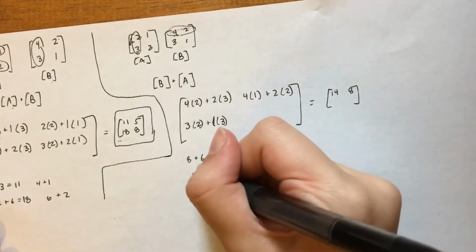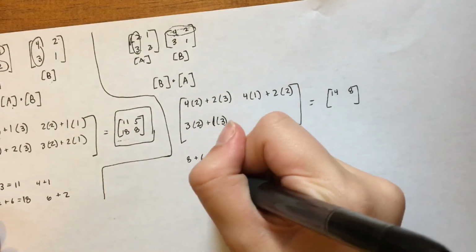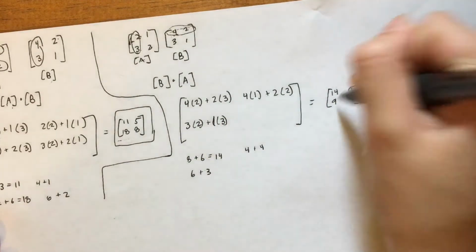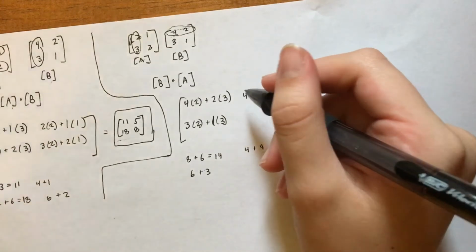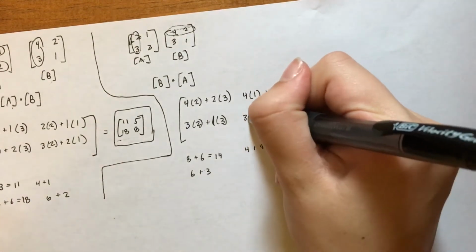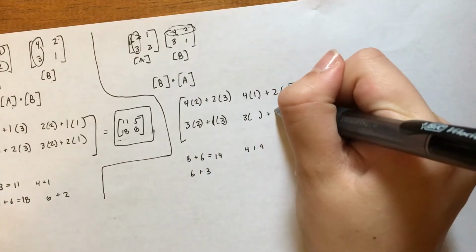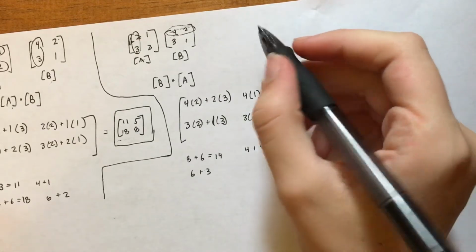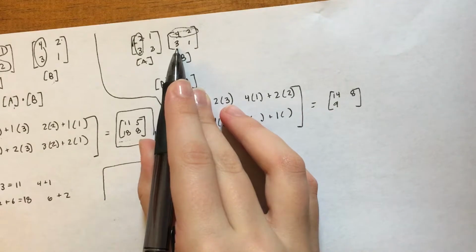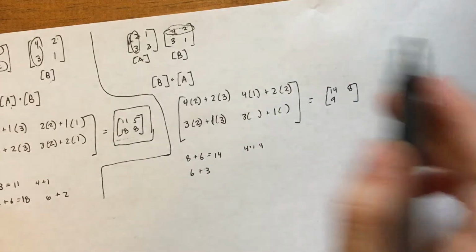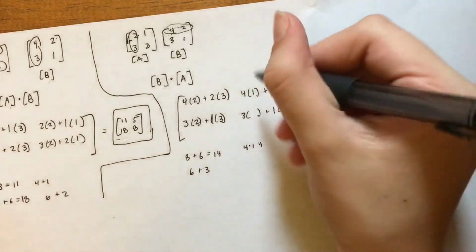So 3 times 2 is 6, plus 3. This time we are using our second row, second column.